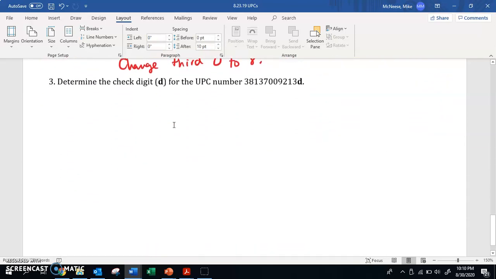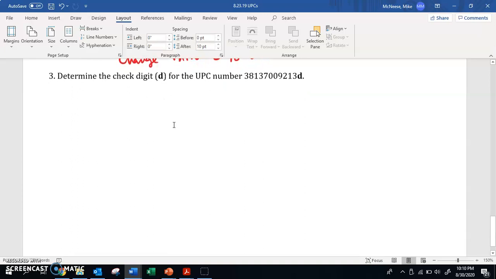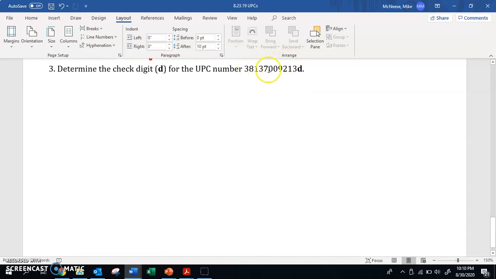And then the last one, determine the check digit, or D, for the UPC number right here. So remember, all of this has to add up to 0, right? So again, I'm going to take all the odd numbers and multiply them by 3. So I got 3, 1, 7, 0, 2, and 3. So 3 plus 1 plus 7 plus 0 plus 2 plus 3.